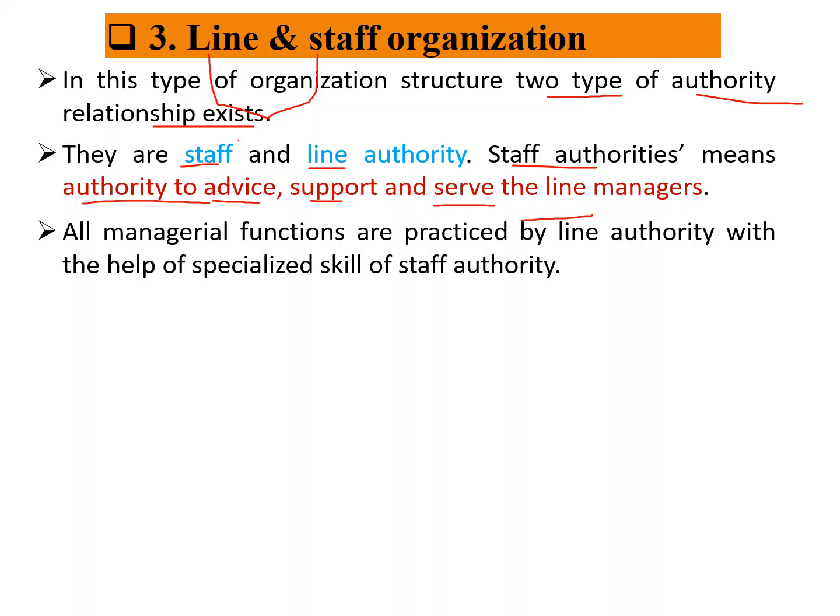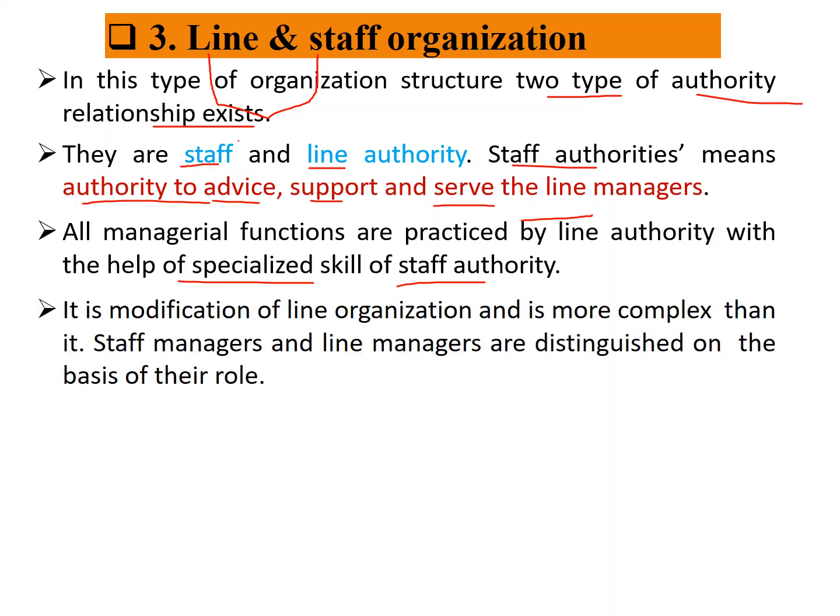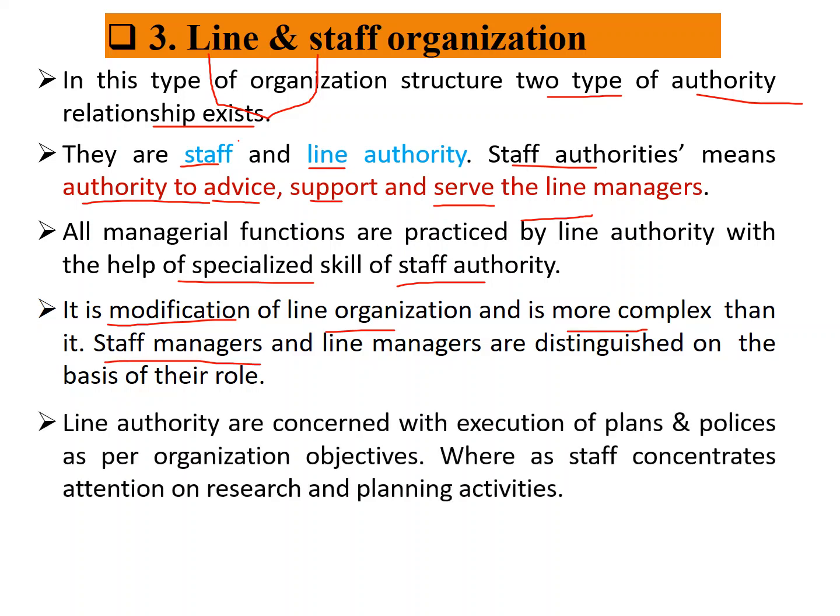All the managerial functions are practiced by the line authority with the help of specialized skilled staff authority. So it is a modification of line organization and is more complex than it. The staff managers and line managers are distinguished on the basis of their role.